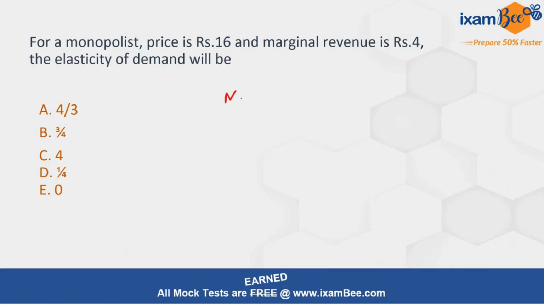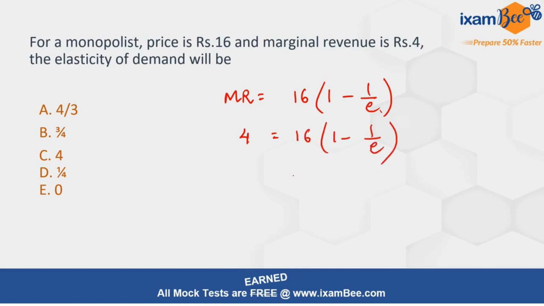So let's use this expression. MR is price, which is 16, times 1 minus 1 upon elasticity of demand, right?